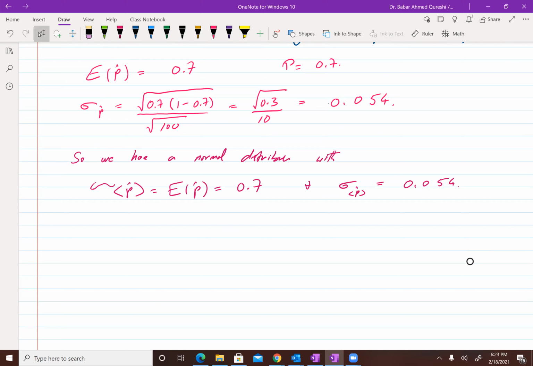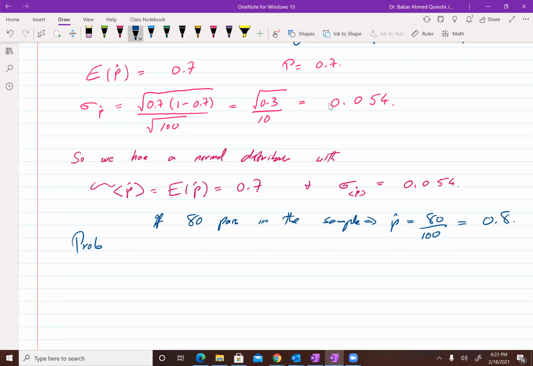Now you want the probability that 80 of them have passed. So if 80 pass in the sample, that gives you a proportion of 80 out of your total sample size. That's the proportion of people who have passed. So that's just 0.8.